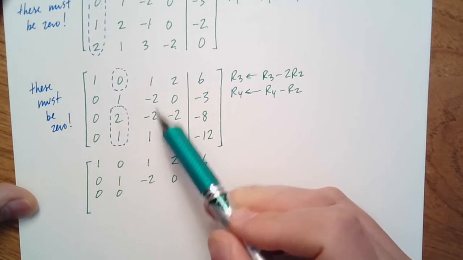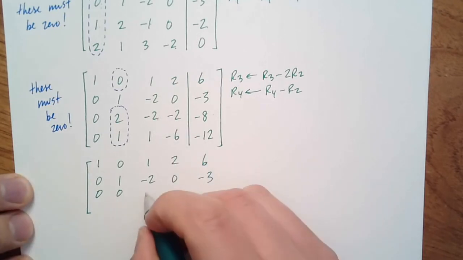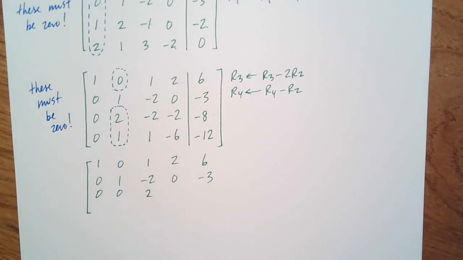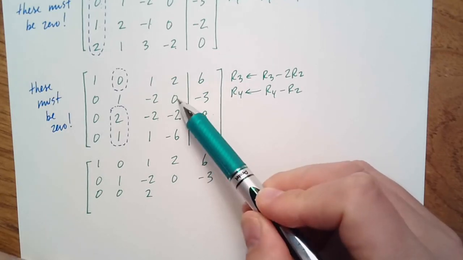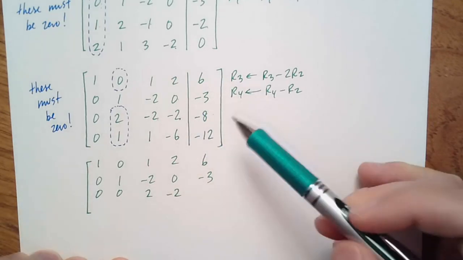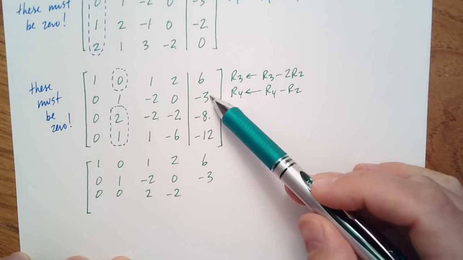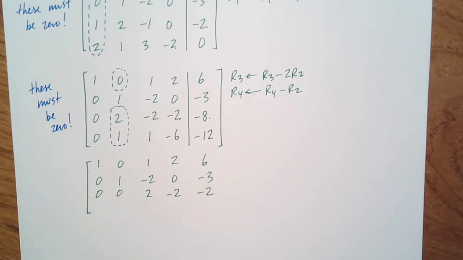Negative 2 minus 2 times negative 2, that's like negative 2 plus 4, which is going to be positive 2. Negative 2 minus 2 times 0, that's just negative 2 minus 0, so that'll stay a negative 2. And then here we have negative 8 minus 2 times negative 3, so that's negative 8 plus 6, which is going to be negative 2. So that's our new third row.